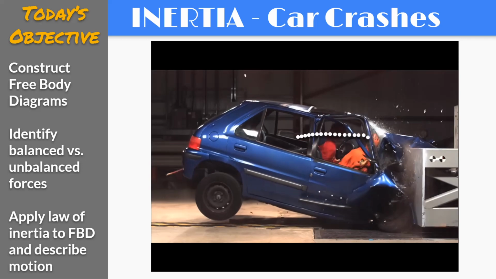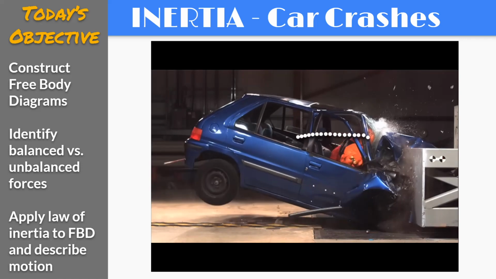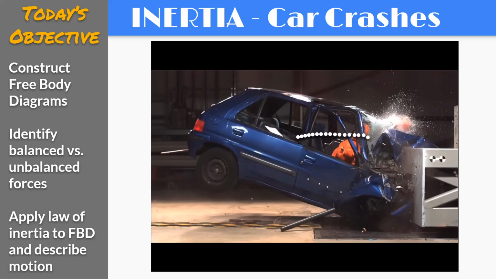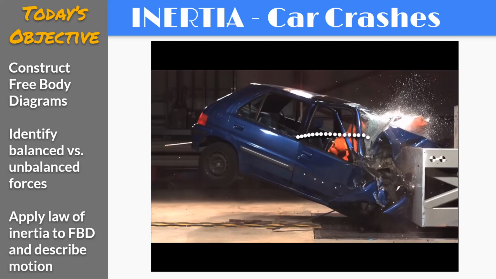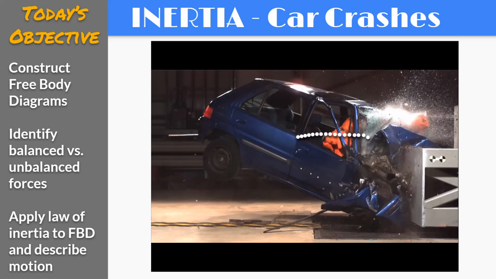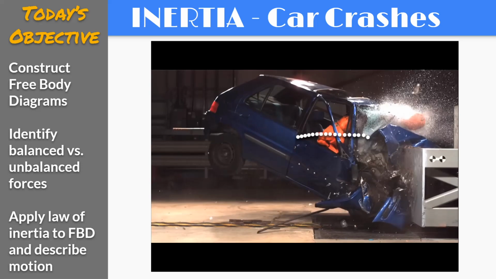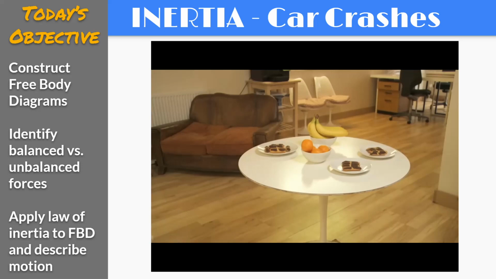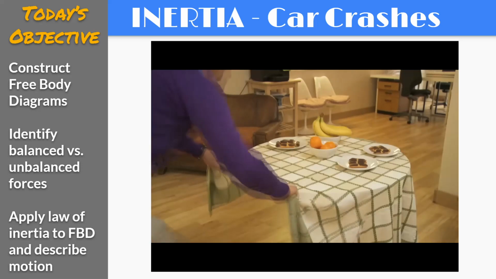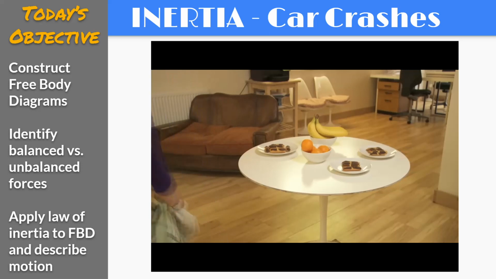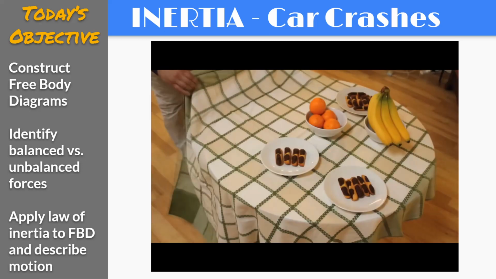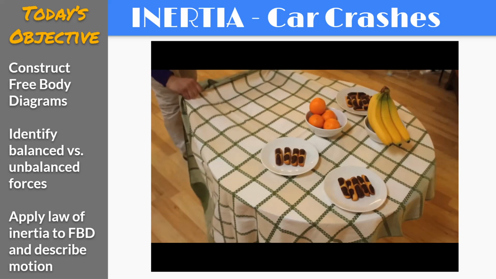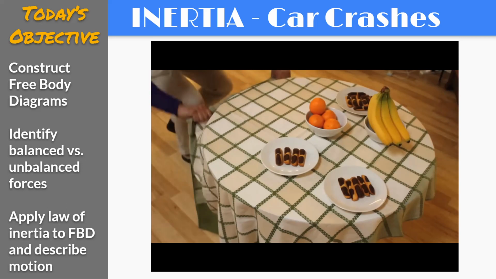This resistance to a change in motion is called inertia, and it applies even when the velocity is zero. It's this property that enables people to do things like this. The china on the table stays pretty much at rest, even when the tablecloth's pulled from under it. That's because there's not enough sideways frictional force to overcome the china's inertia and get it to move.